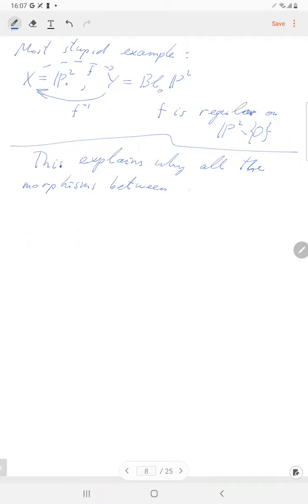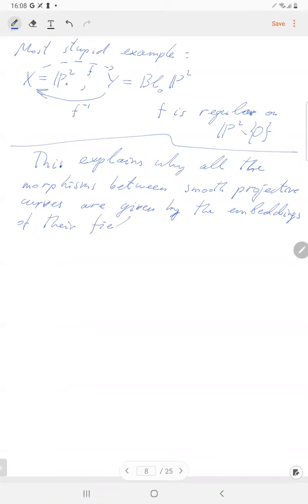So while the morphisms between smooth projective curves are given by the embeddings of their fields of rational functions.